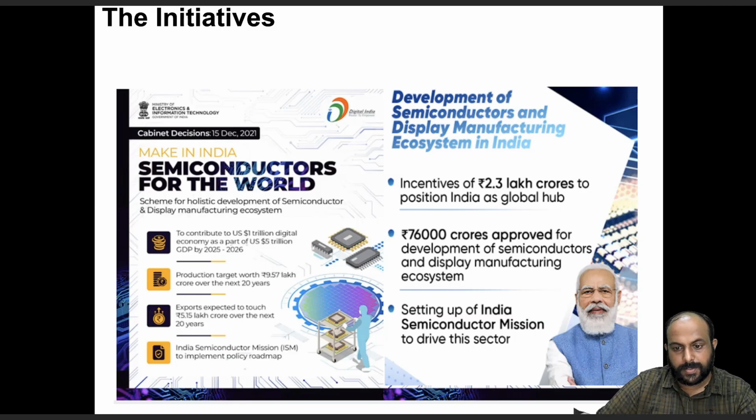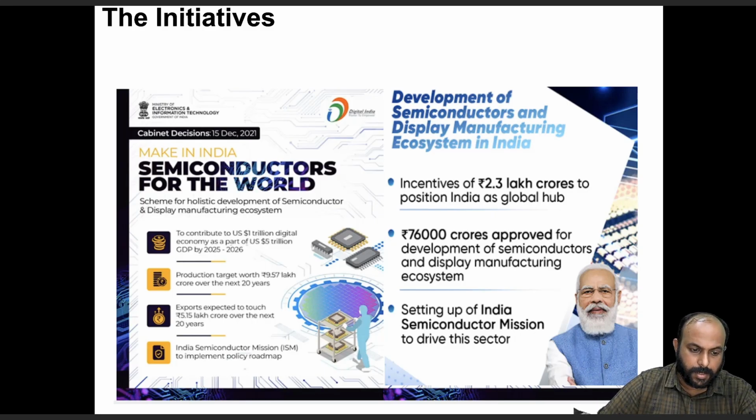Also, 76,000 crores approved for development of the semiconductor and display manufacturing ecosystem, including establishment of fabs. The aim is to set up the India Semiconductor Mission to drive this sector.